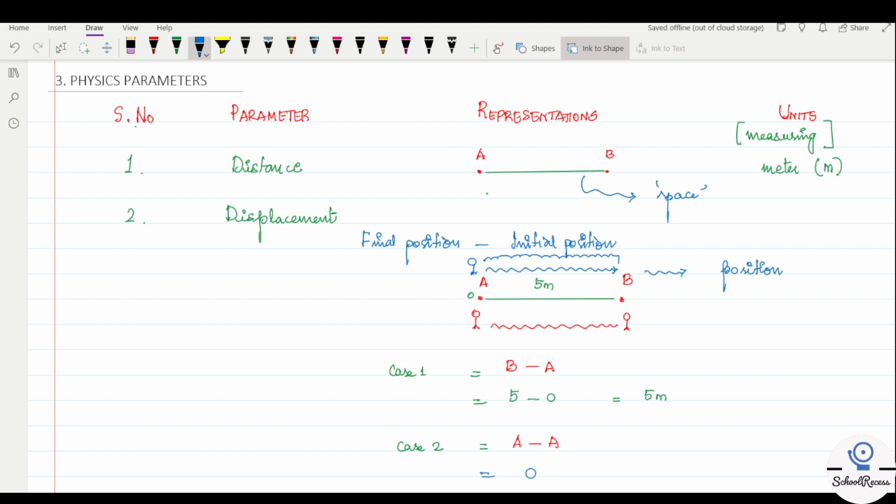If there is no space, if the final position and the initial position lie on the same point, then the displacement might be 0. So frequently we could tell the distance may not be 0, whereas a displacement can be 0. I hope you have understood the difference between distance and displacement.